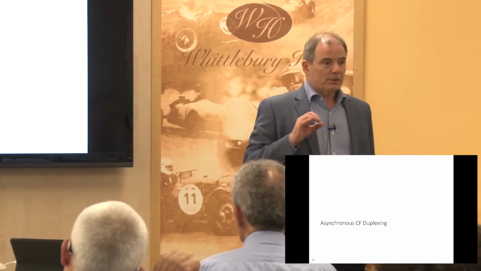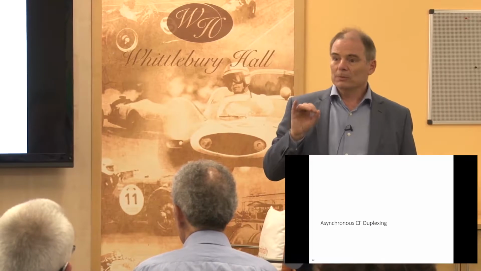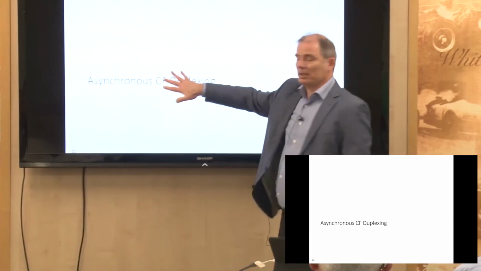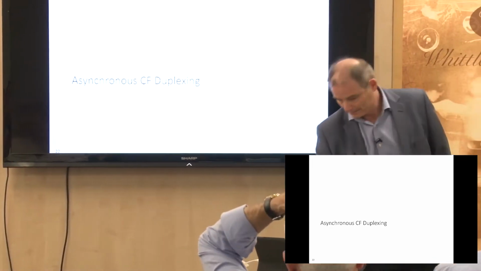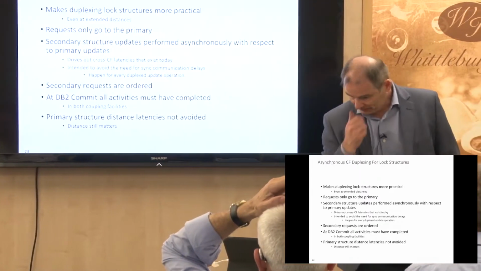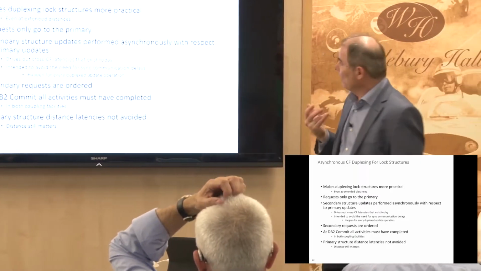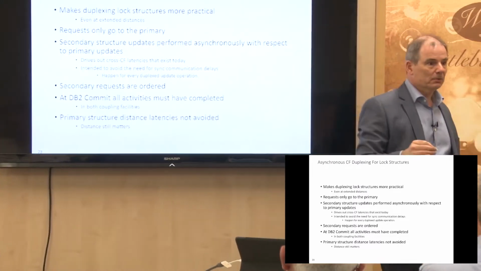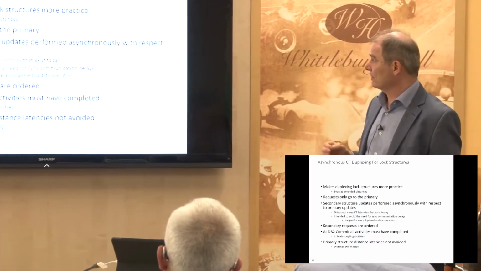So that was all the normal today way. The futuristic way of tomorrow is asynchronous coupling facility duplexing. Here, the point is to make duplexing of lock structures more practical even at extended distances.